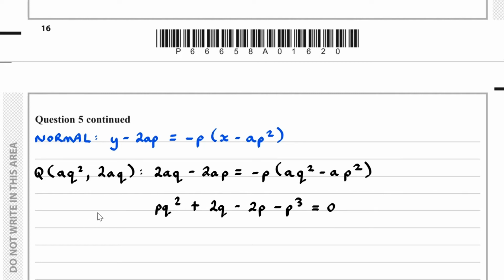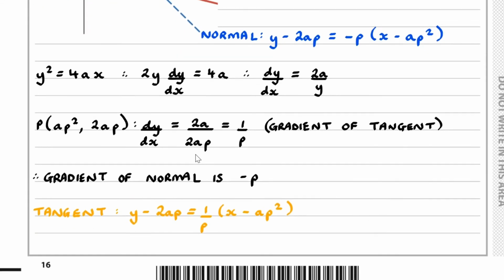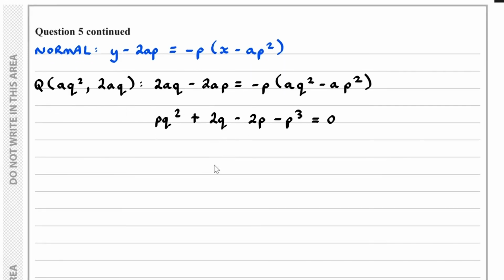And because we know that q = p, just by inspection by looking at the coordinates, we can see that q - p will be a factor of this.